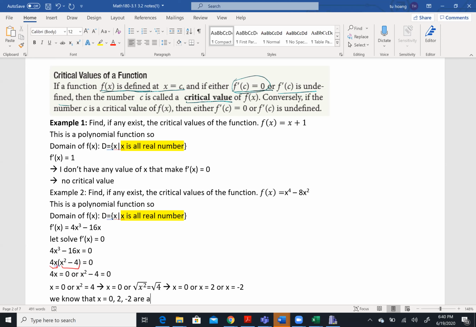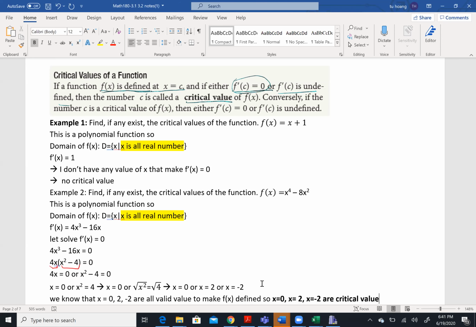They are valid values that make f(x) defined. So x equals 0, x equals 2, and x equals -2 are critical values.